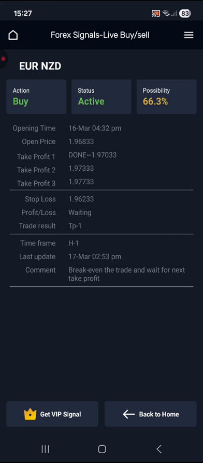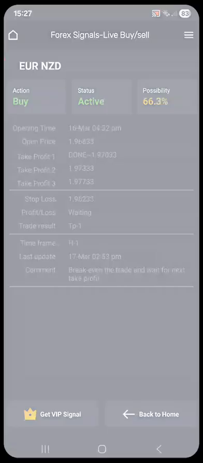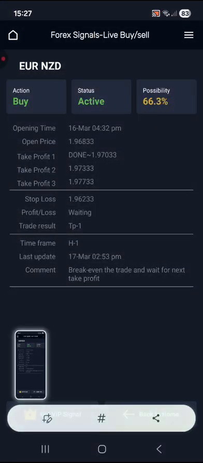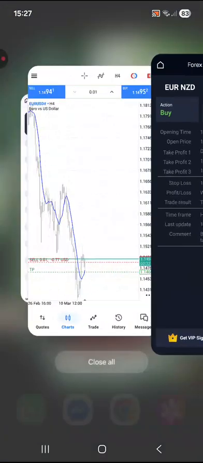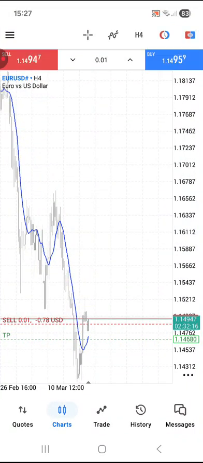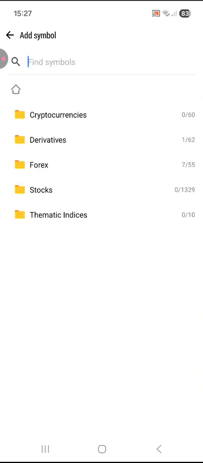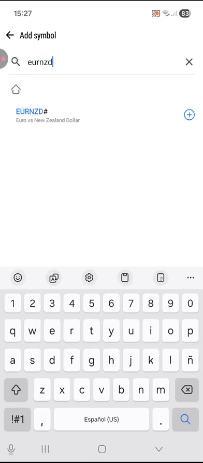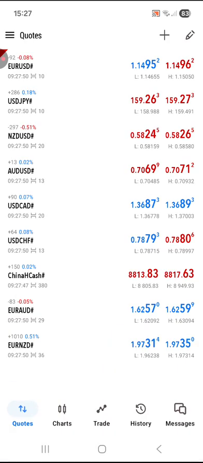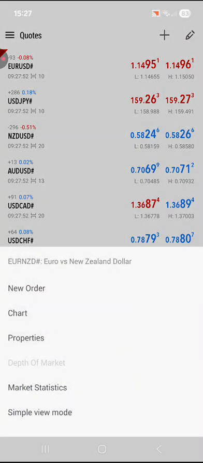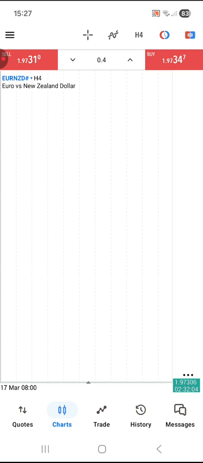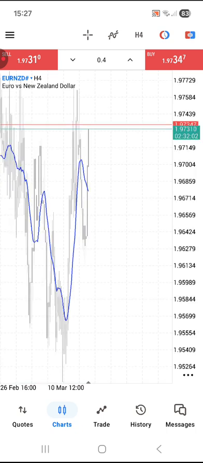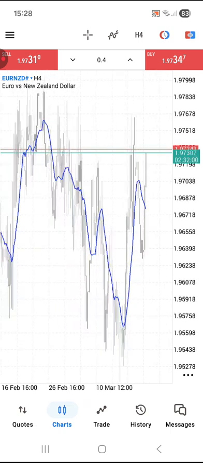Euro NZD, Euro New Zealand dollar, telling us to buy Euro New Zealand dollar. Let's check out if this would work. So we need to add Euro NZD. And let's see the 4-hour chart telling us to buy. Okay, is this a good buy?